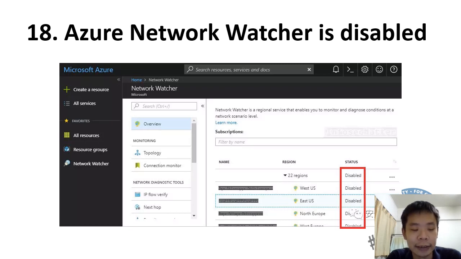Each feature is disabled by default, and it is recommended that users enable these features for all areas. We can also use the Azure CLI to check the status of Network Watcher by using the command network watcher list.